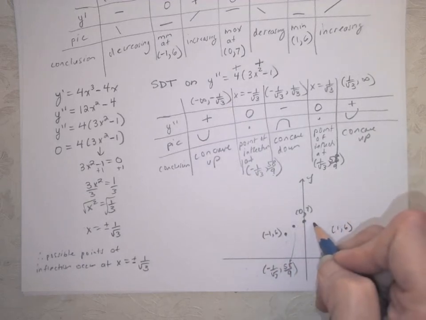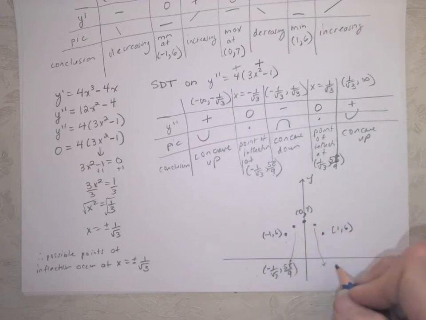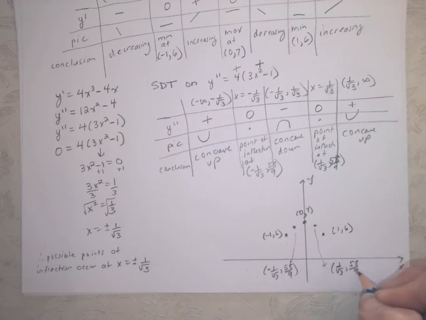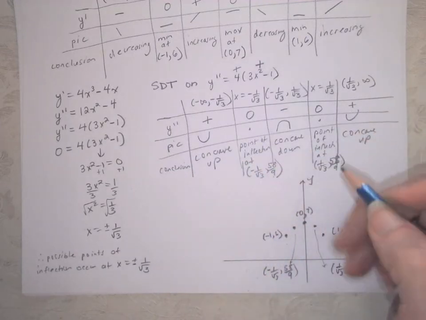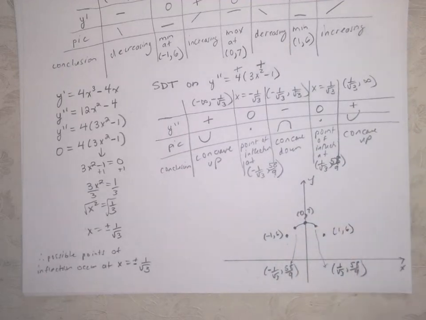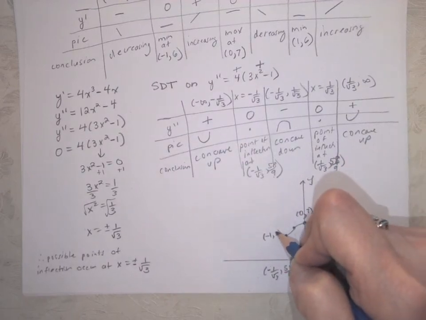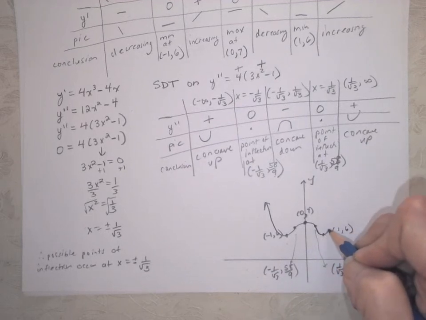And then there's going to be one the same distance away here, and that's going to be +1 over root 3 and 58 over 9. And we know that we're concave down between -1 over root 3 and +1 over root 3. And then we're always concave up from -infinity to -1 over root 3, so here we go, concave up. And here, always concave up.